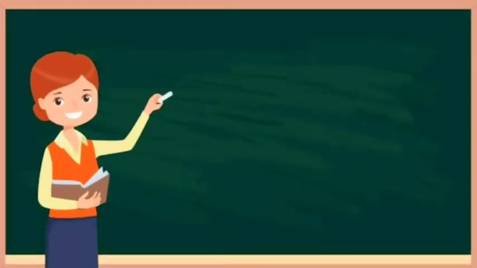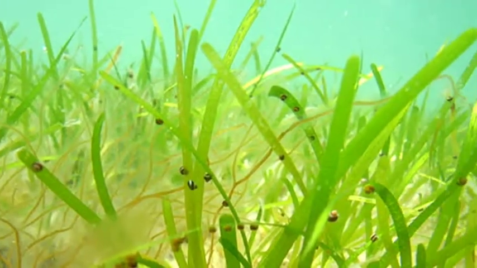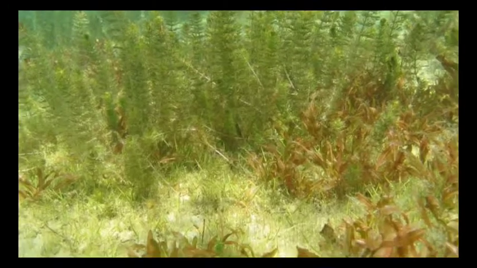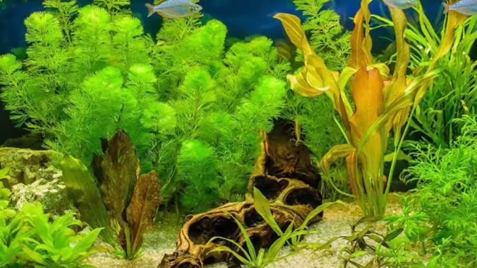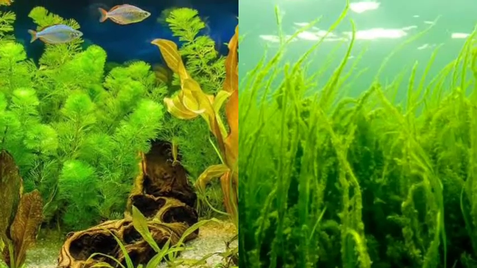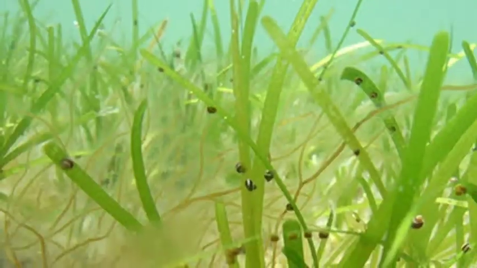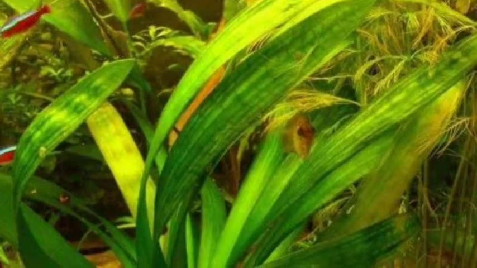Next heading is submerged plants. These plants live and grow underwater. Their roots fix the plant to the muddy soil. These plants have narrow, thin and very small leaves. There is no opening on the leaf surface.